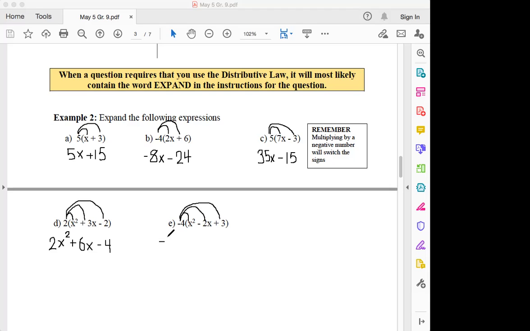So -4 times x squared gives us -4x squared. -4 times -2x will give us plus 8x. And then -4 times +3 will give us -12.